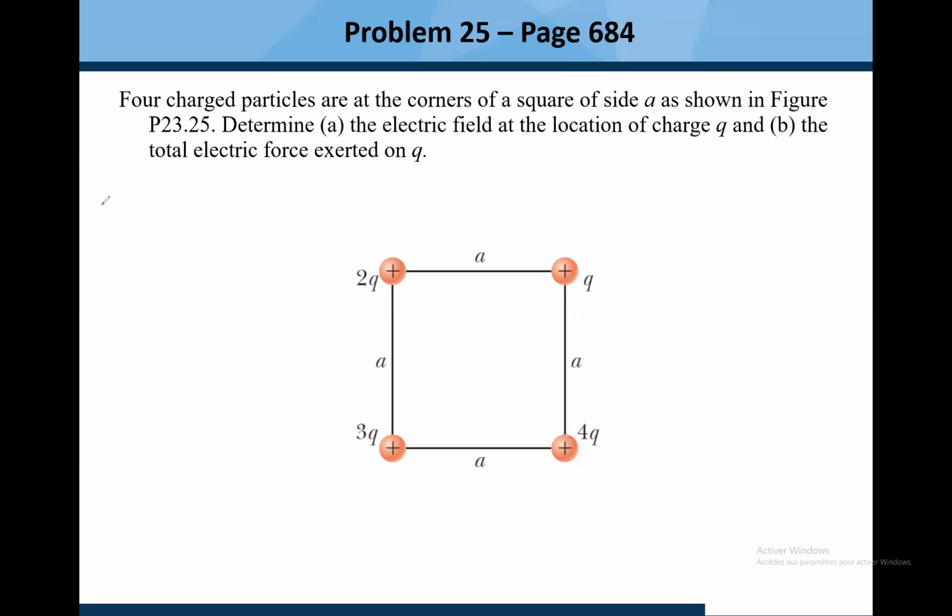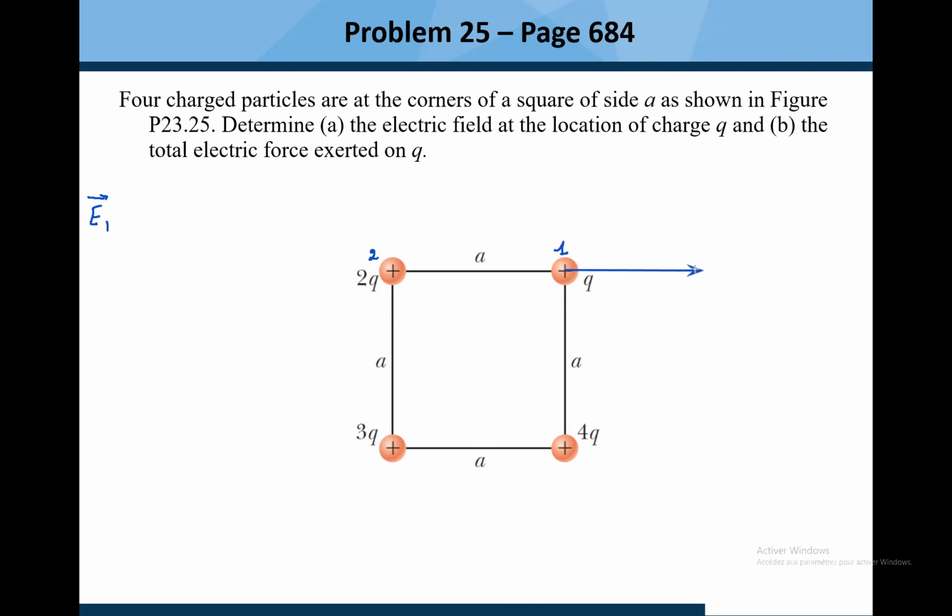Here we have to calculate the total field at the point 1. First of all, let's draw all the fields at the location 1. The charge 2 will create at this point a field E2.